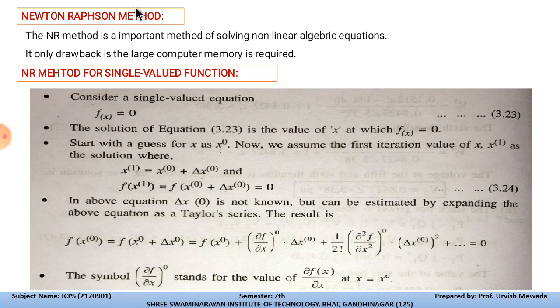So this is the introduction of the Newton-Raphson method. We can indicate it as the NR method also. The NR method is an important method for solving non-linear algebraic equations. We can apply this to a power system where the load is varying, or the system is continuously fluctuating.